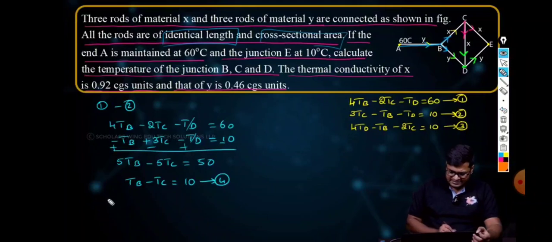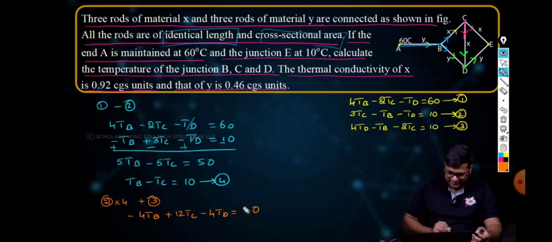Okay. Next, second equation I'll multiply with 4 times and I'll add to third equation. So minus 4 TB plus 12 TC minus 4 TD is equal to 40. Third equation, minus TB minus 2 TC plus 4 TD is equal to 10.